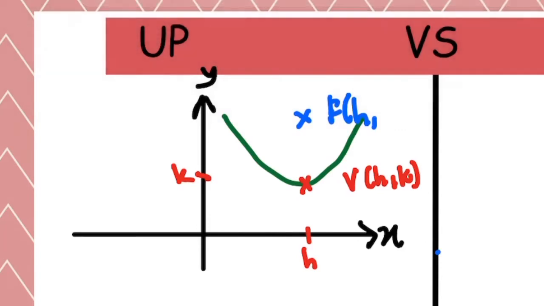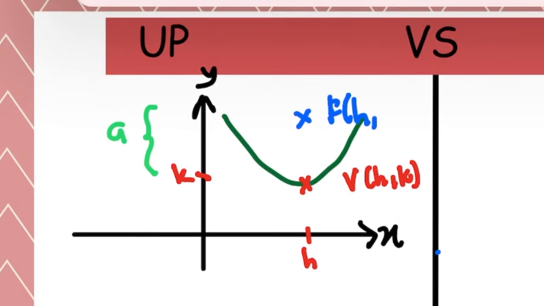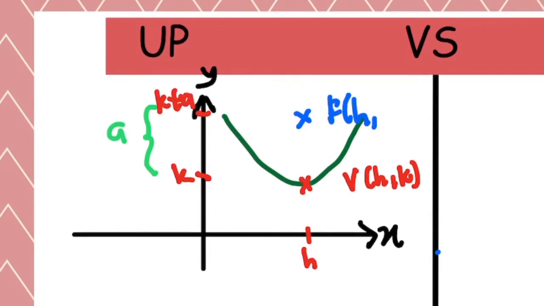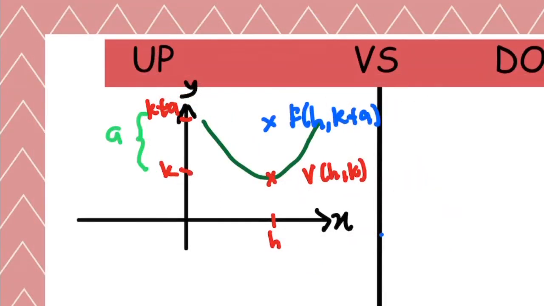The distance between your vertex and focus, we name it as A. So now your K has gone up by the value of A, therefore the coordinate here is K plus A. So let us substitute here as your coordinate. Now your focus is H, K plus A.